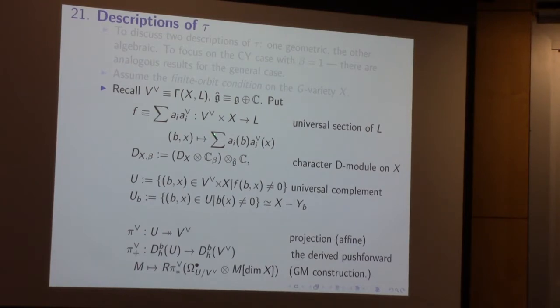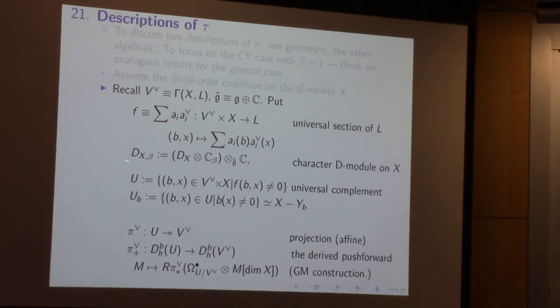You can think of it as the polynomial function that parameterizes all sections simultaneously, in the sense that if you evaluate it at one point in the parameter space V check, you get a section of N, and every section occurs this way. Hence the name universal section.